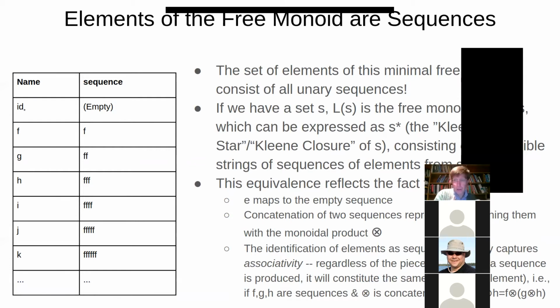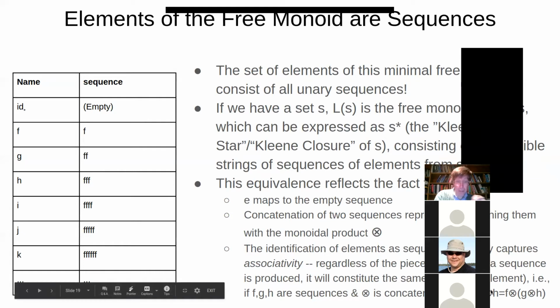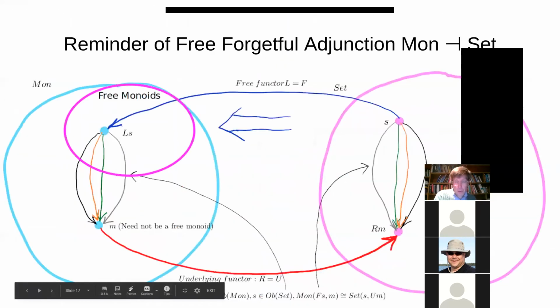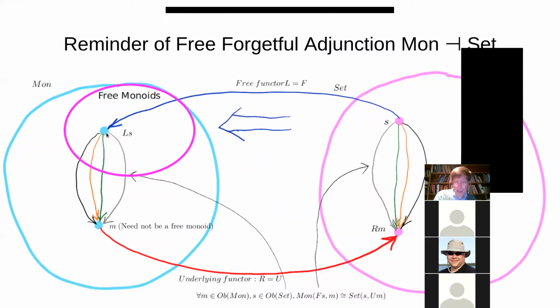By abstracting away from how they're built up, we're imposing associativity. We don't care where the parentheses are or were. All we care about is the sequence that emerges, and as long as it's the same sequence, it doesn't matter how it was built up. That's what we're capturing over here, and that's why that's a monoid. So it's a very natural mapping.